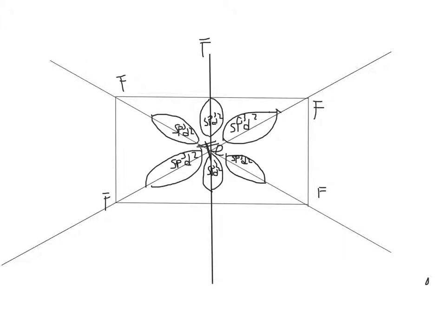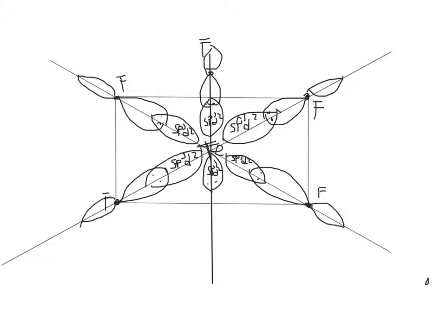Now in each of these orbitals we're going to have 2 electrons at the end of the orbital. And these are going to be the ones, barring the lone pair, that bond with the fluoride atoms. And I'm going to go ahead and draw the fluoride orbitals that bond with these electrons right now.